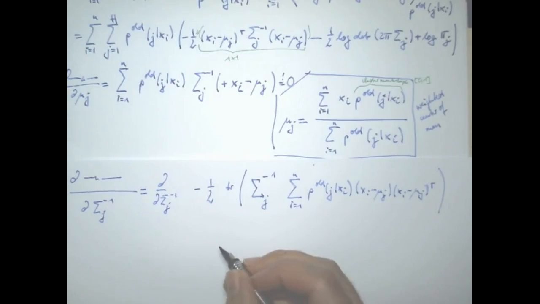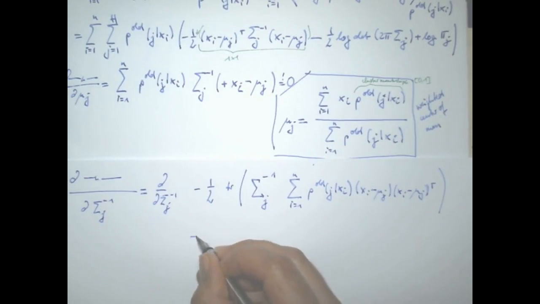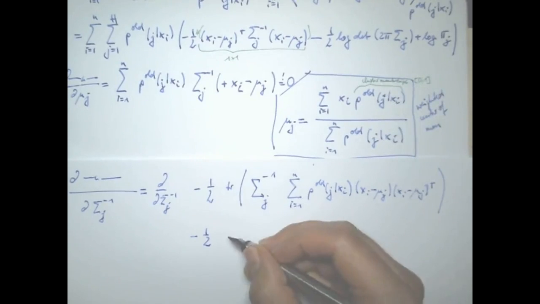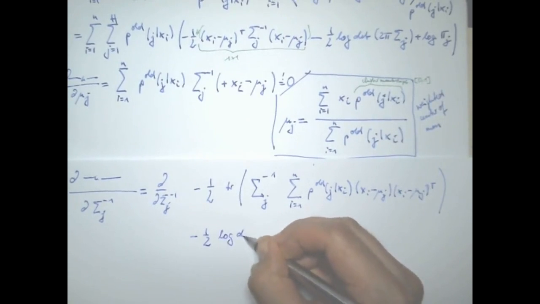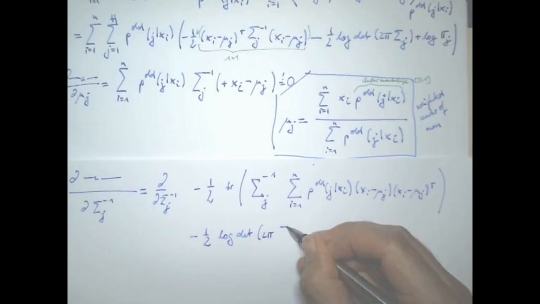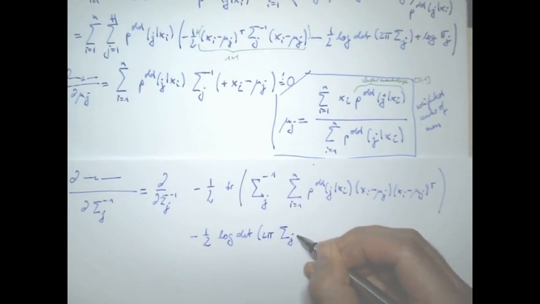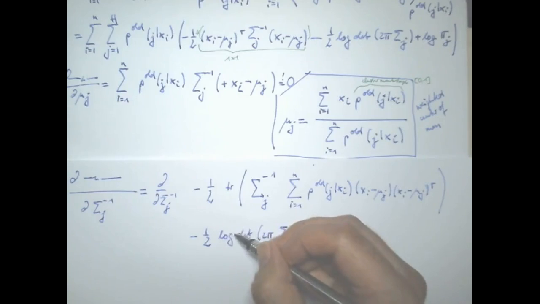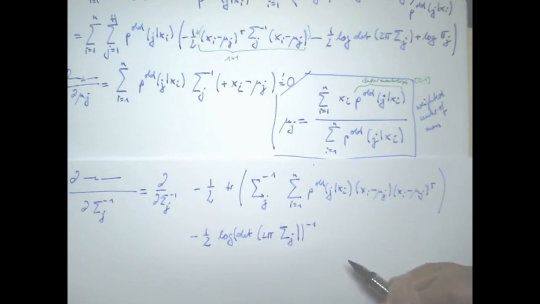Okay, the remaining terms were minus 1/2 the log of the determinant of my matrix, and the determinant was taken to the power of -1.